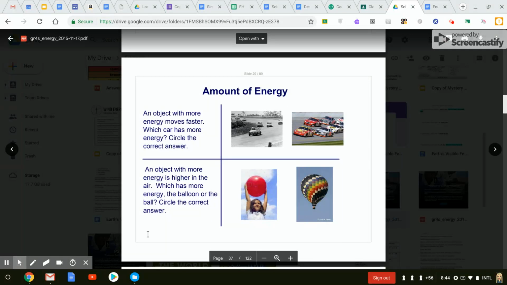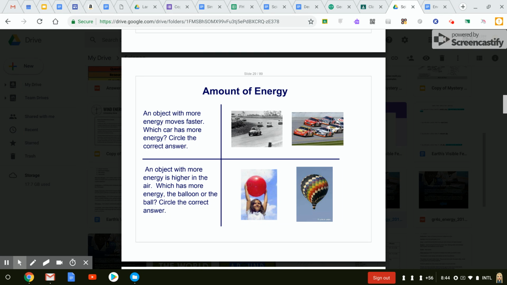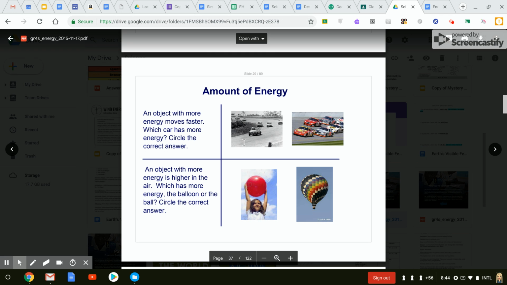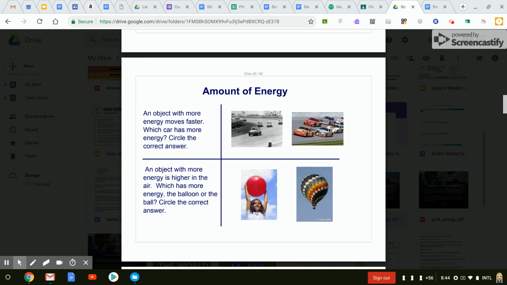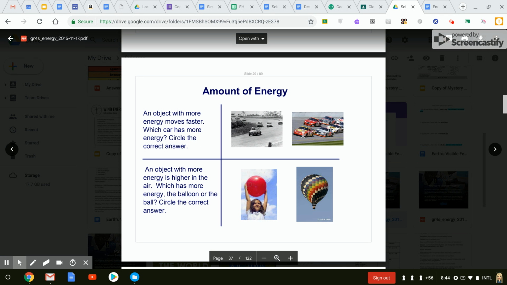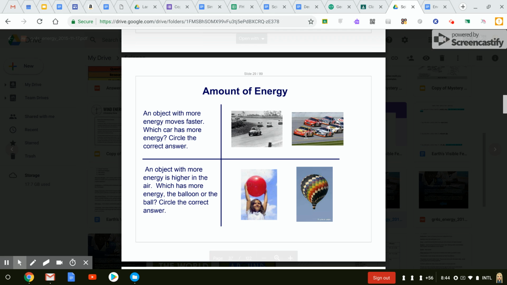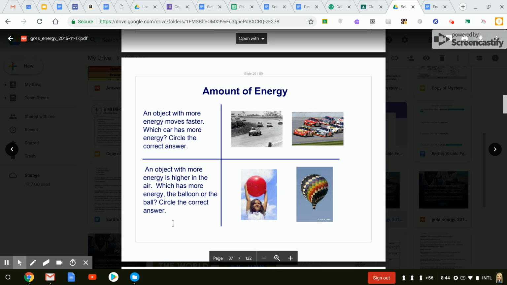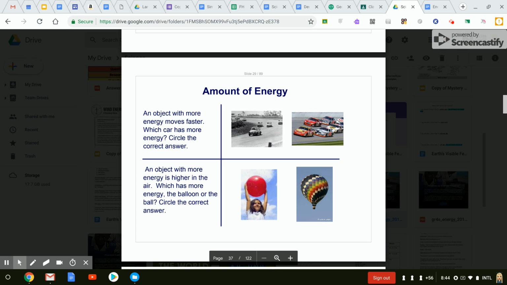So from these pictures here, talking about amount of energy, this tells us that an object with more energy moves faster. So if you're looking at these two pictures, it's obvious the car that moves faster has more energy. You've got these race cars right here. And then if you look at these two pictures, it tells us an object with more energy is higher in the air.